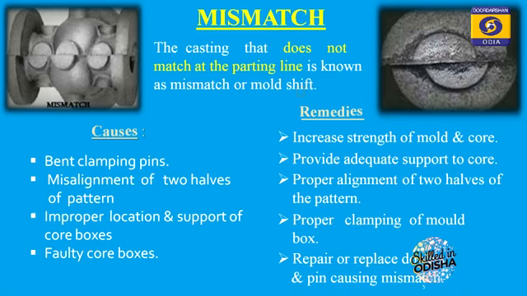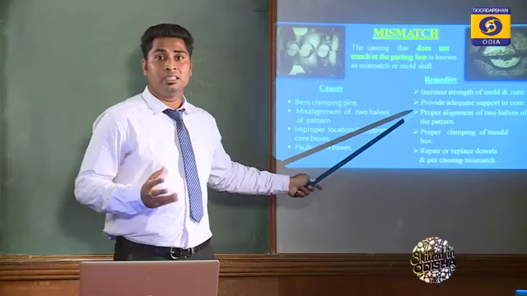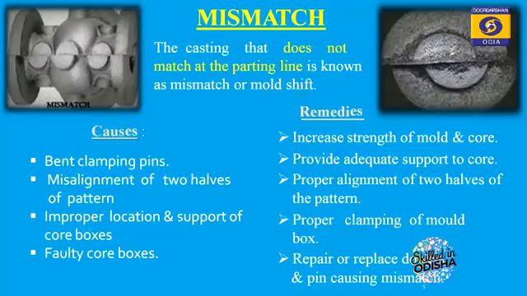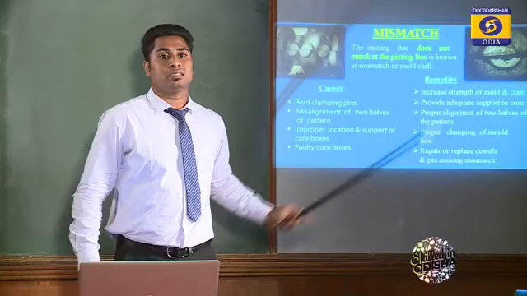We can increase the strength of the mold and core by providing adequate support to the core, proper alignment of the two halves of the pattern, that is the lower half and the upper half, proper clamping of the mold box, and repair or replace dowels and pins causing mismatch.